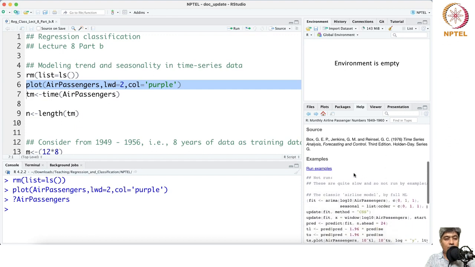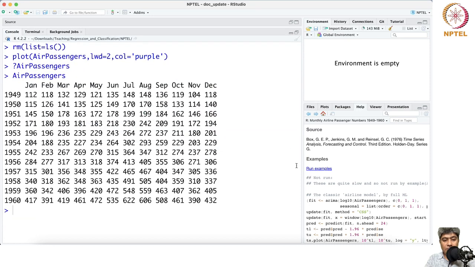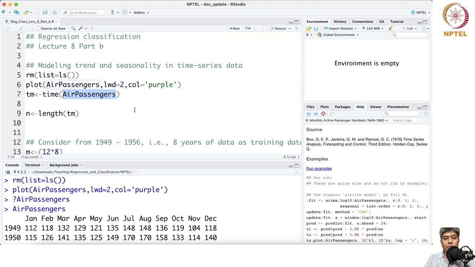If you copy and paste it and run it, you can see the entire data set. It's a small data set: January, February, March, April, May up to December, with each row being a particular year. So it's a nice data set, and now we are going to model it.